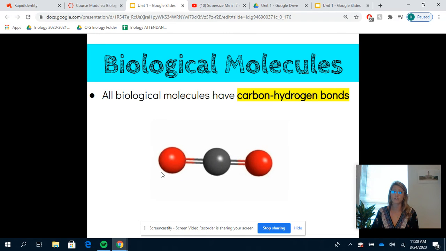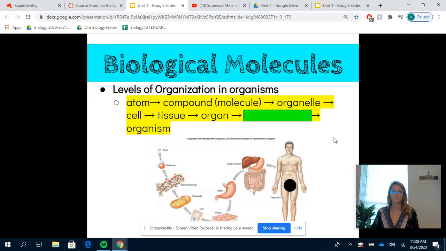The red circles on either side represent the hydrogen atom. When they are connected together, it creates a carbon-hydrogen bond. All biological molecules have to have this. This is also known as a C-H bond, in case you want to shorten it instead of saying carbon-hydrogen.